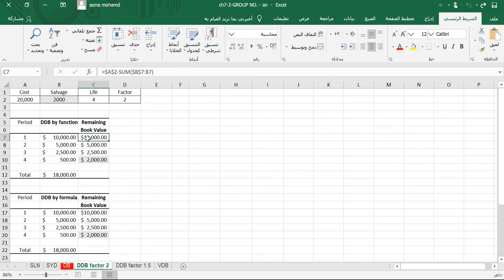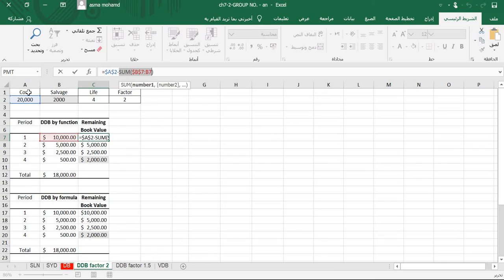How do we calculate the remaining book value? The book value is the cost minus the accumulated depreciation. The cost here is easy, but what about the accumulated depreciation? If you remember how we calculate the running balance, it's the same. We start here because it's the first depreciation, and then we stop here if it's the first year, here if it's the second, here if it's the third, and here if it's the fourth year.